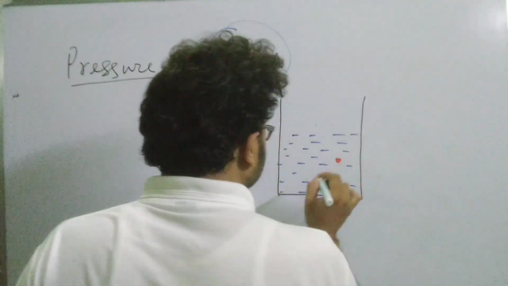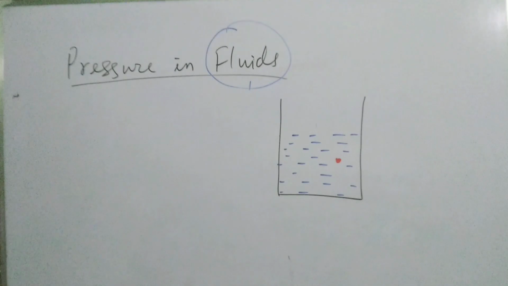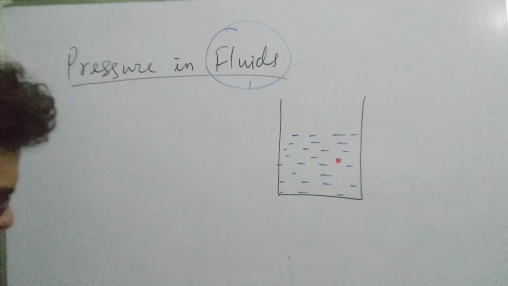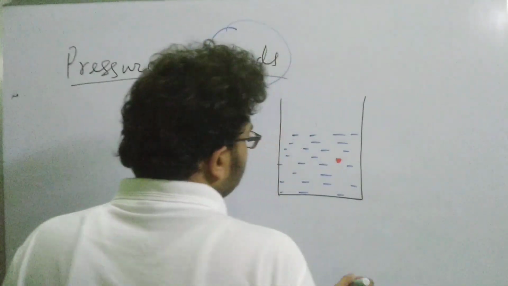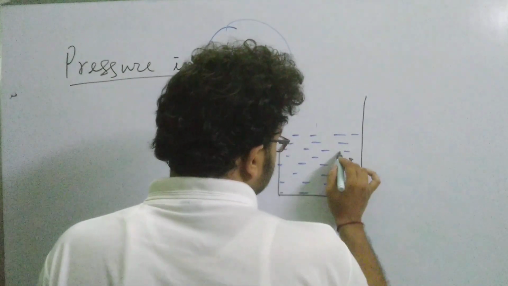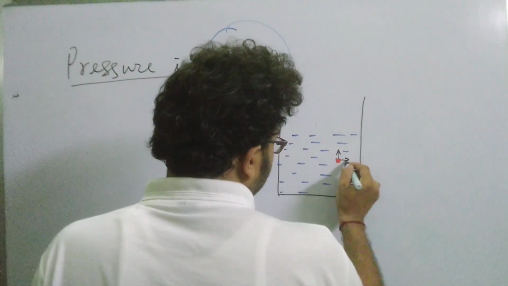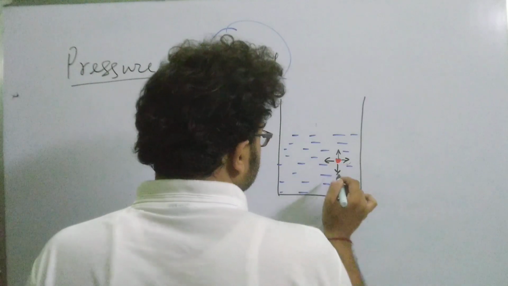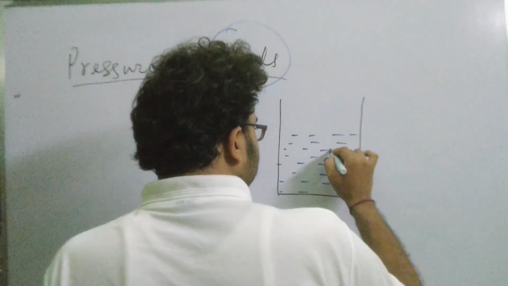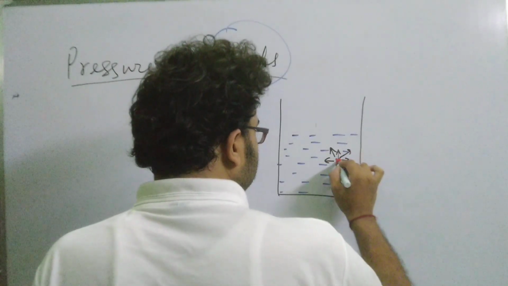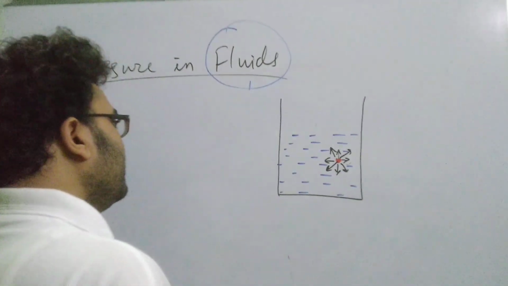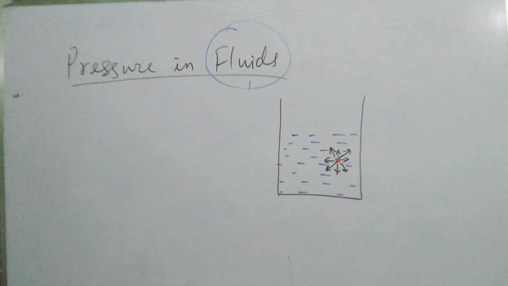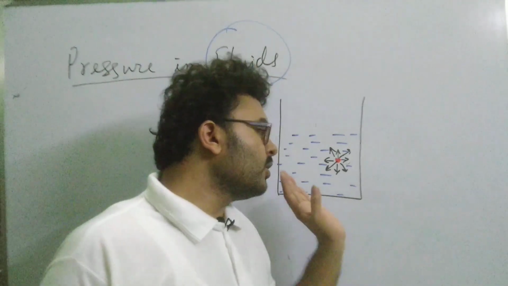Now here if we consider this red point, the fluid here exerts pressure in all directions, this direction, this direction, this direction, all directions it exerts pressure. And actually this kind of pressure is being exerted at all points also.